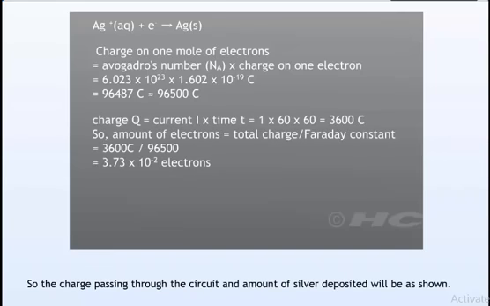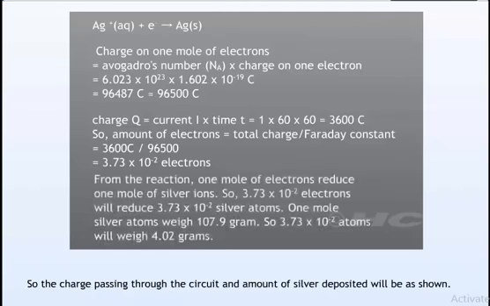Charge Q equals current I times time t equals 1 × 3600 equals 3600 C. So, amount of electrons equals total charge by Faraday constant equals 3600 C by 96,500 equals 3.73 × 10^-2 moles of electrons. From the reaction, 1 mole of electrons reduces 1 mole of silver ions.